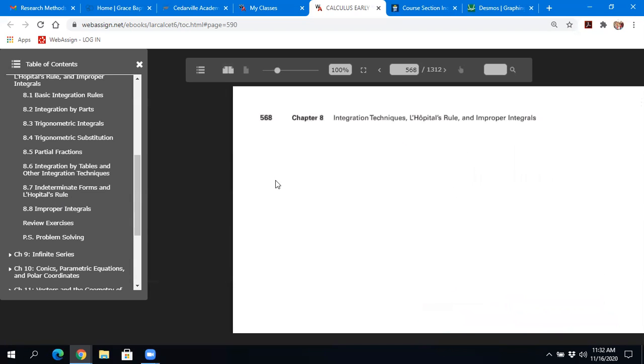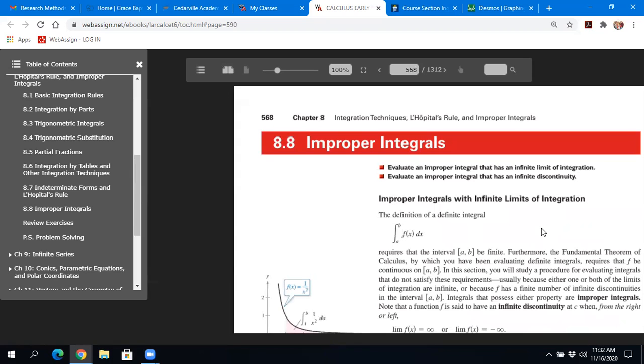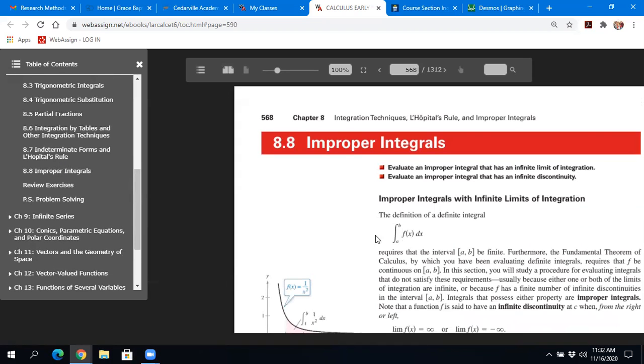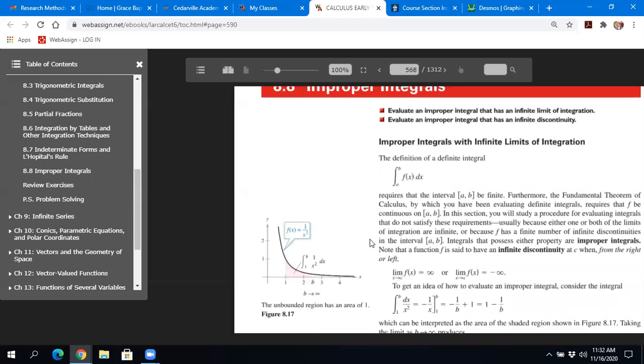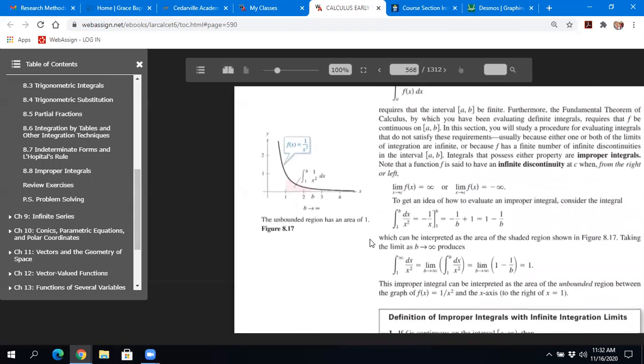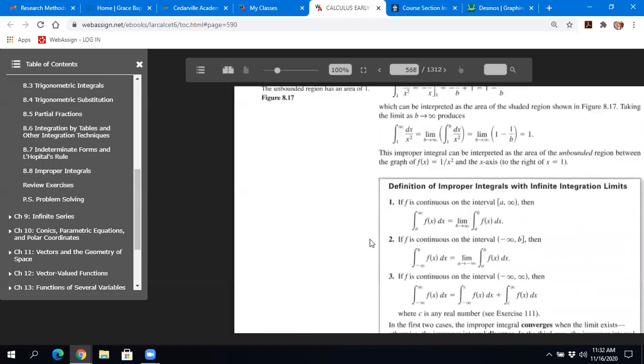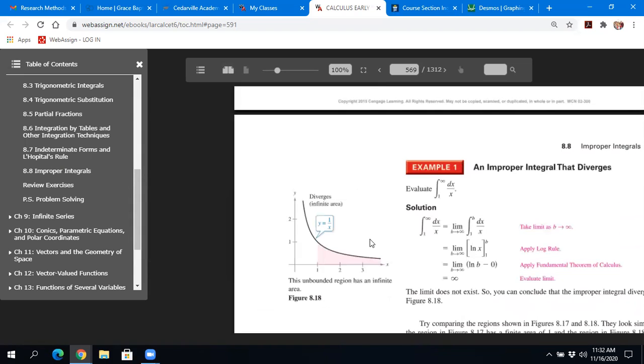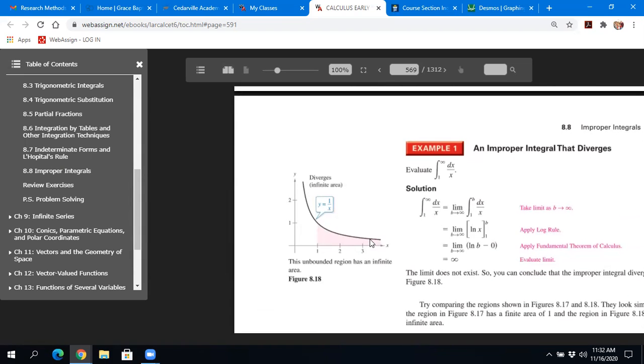And then the improper integrals is where we first started using that. These are integrals where we had some significant problems going on. And we had to think about what was happening. Okay, so let's look at some examples here. What about the integral from 1 to infinity of dx over x?